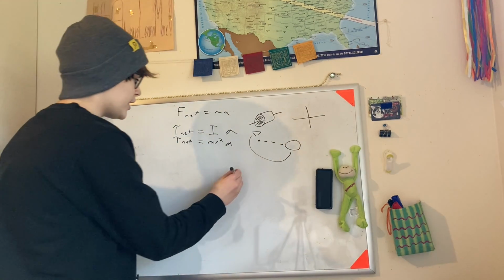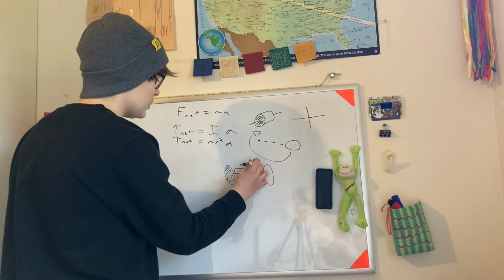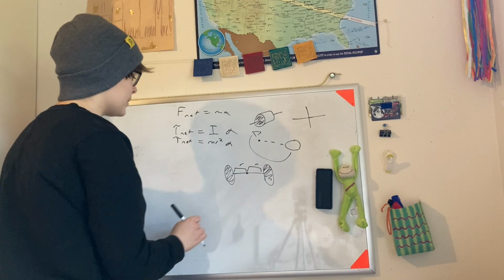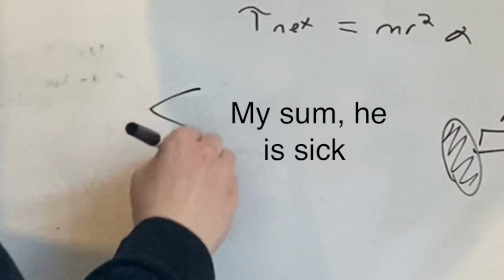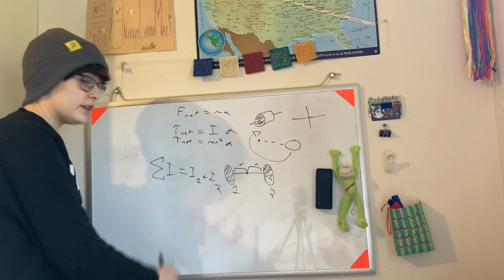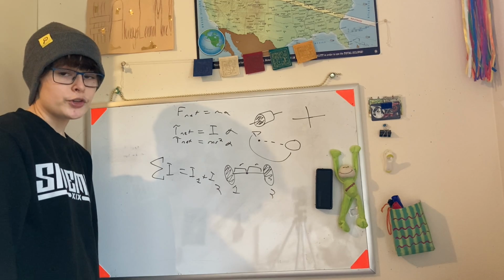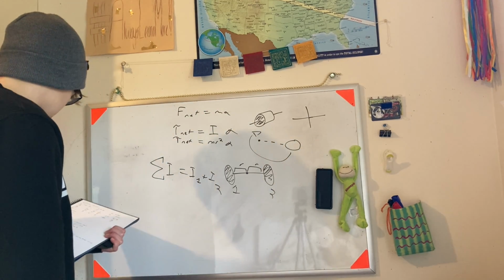Now, what if you have two masses? How would I find the moment of inertia of this whole thing? There are two point masses. It's a sum. It's going to be I of mass 1 plus I of mass 2. You just add them. If you have a bunch of barrels, I guess you'd add them. It probably exists in the real world somewhere.